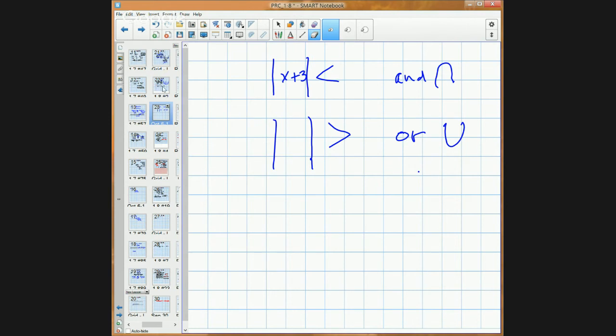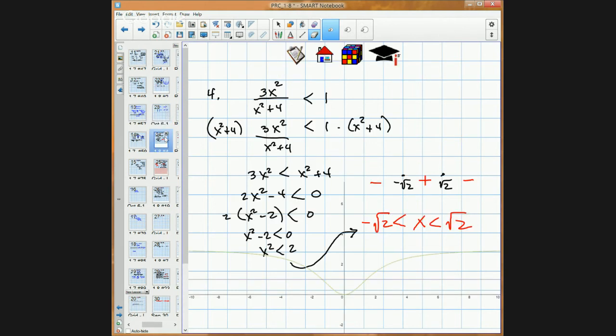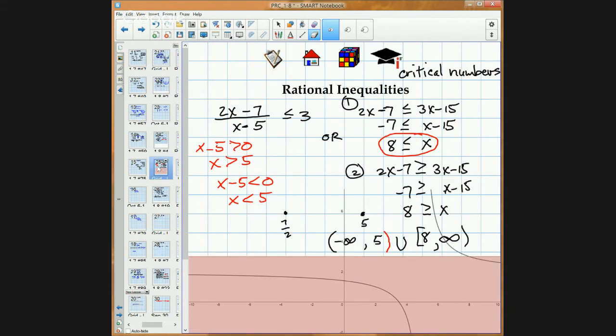All right. Next, let's take a look at number 4. Well, that's too much alike the one we just did, so I'm gonna try a different one. Okay, this is not a problem from the book, but it's a rational inequality. Okay, but what do I mean by that?